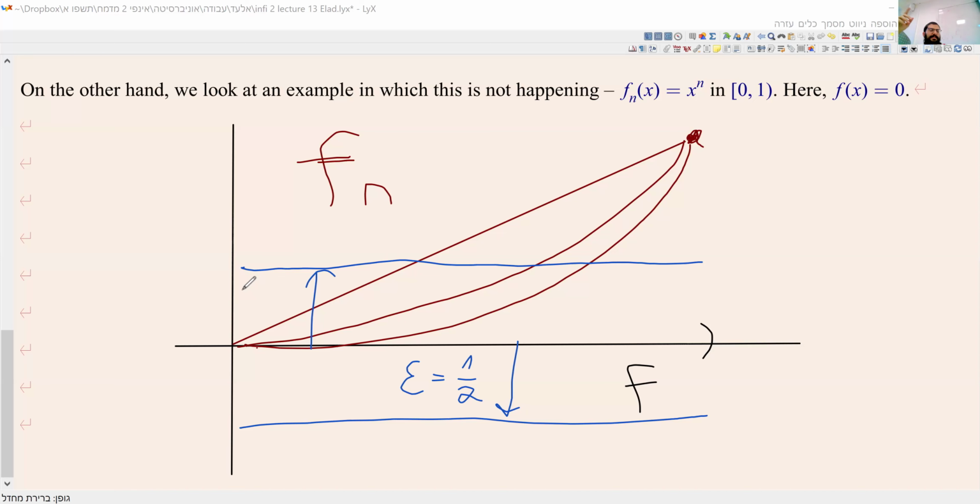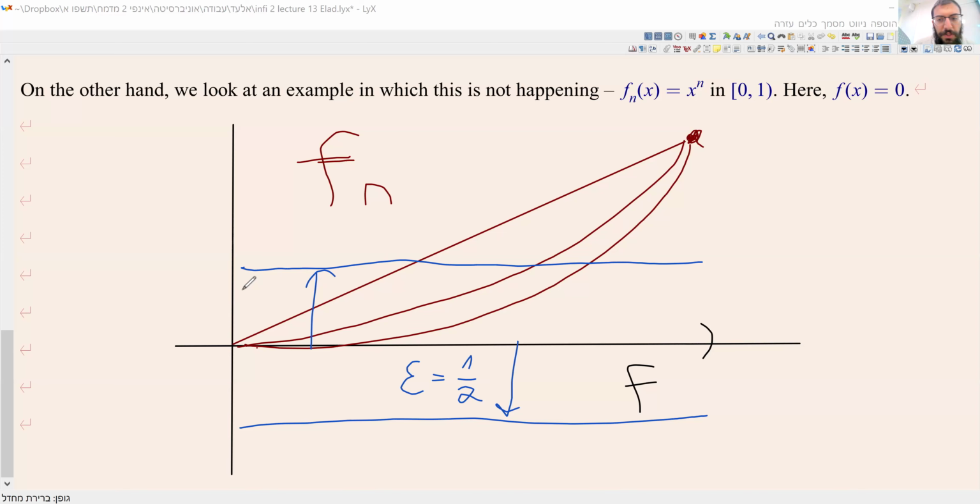It is uniformly convergent when, starting from some index, all the functions are inside the strip. So what is the opposite? There is some function that goes out. Here, all the functions burst out from the strip.